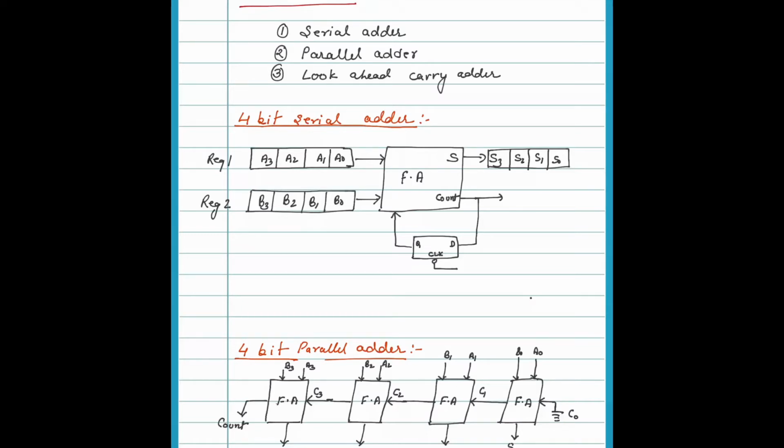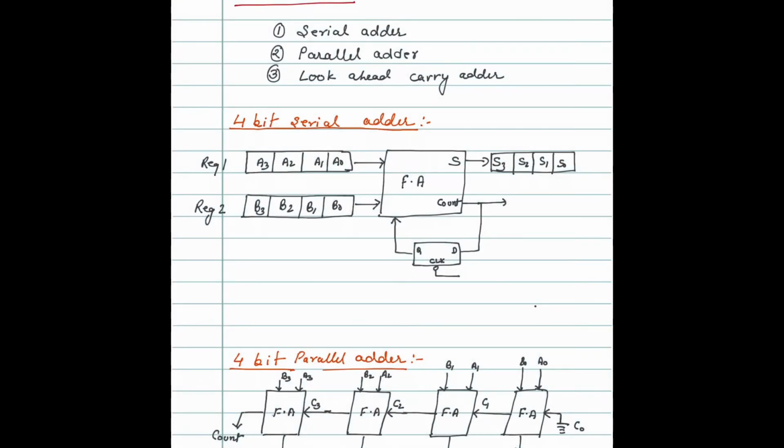In the serial adder we need only one full adder, and by using feedback from the carry we will get the carry to the next bit and we add the sum. Here the first register contains A0, register B contains B0, and in the starting the carry counter contains 0.